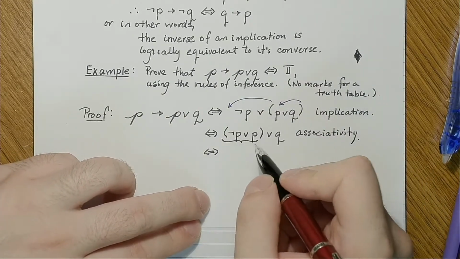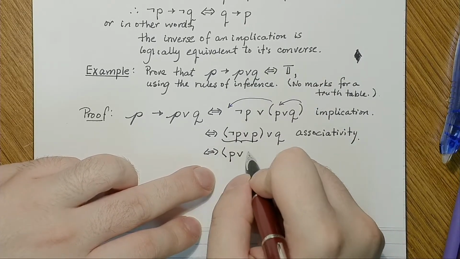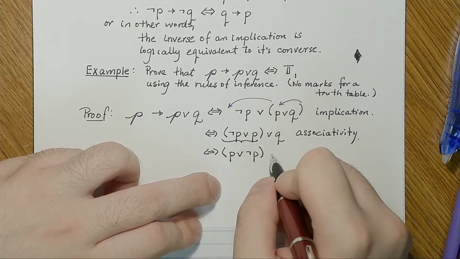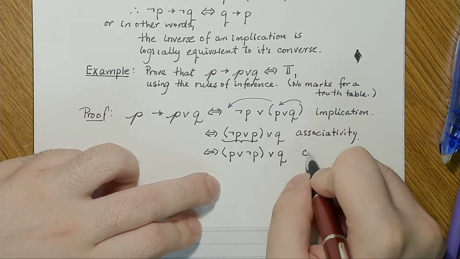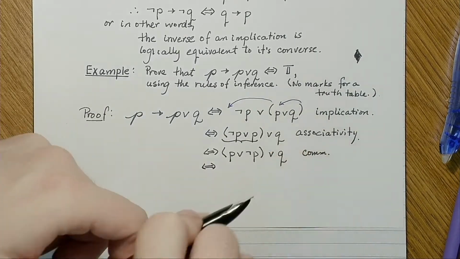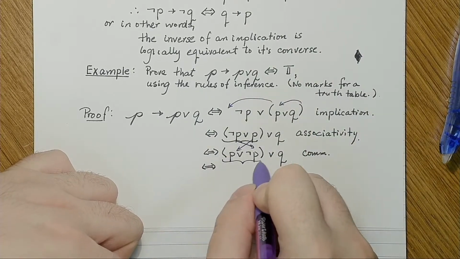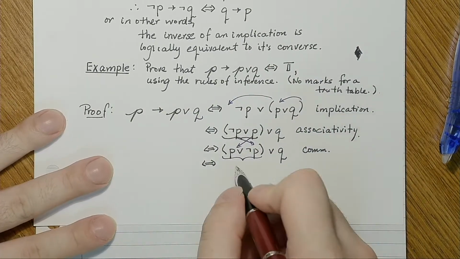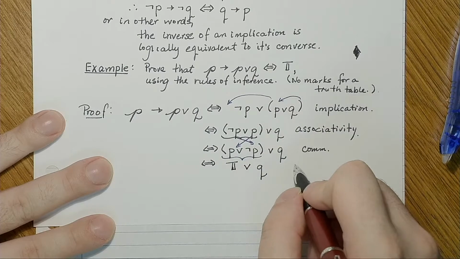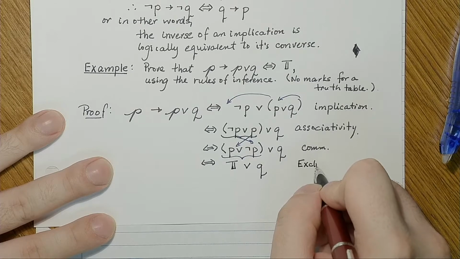If you wanted to be quite strict about the rules that we had, exchange this: P or not P. So that's just the commutativity. So I'm just exchanging the order. And we know that that is a tautology. So that is the rule that we called the excluded middle.